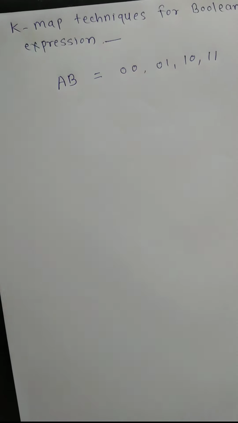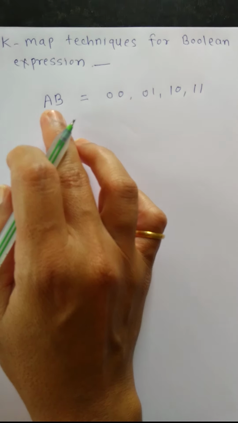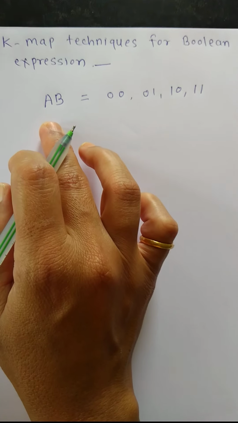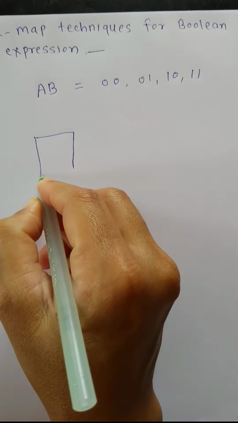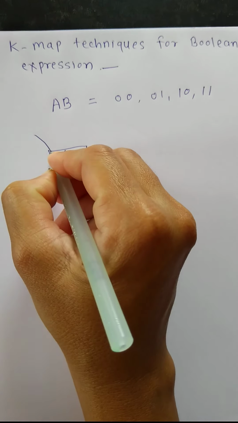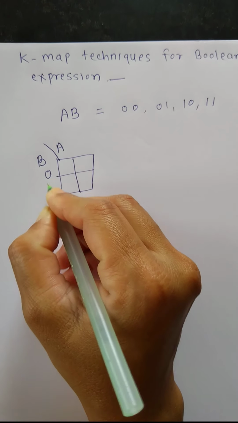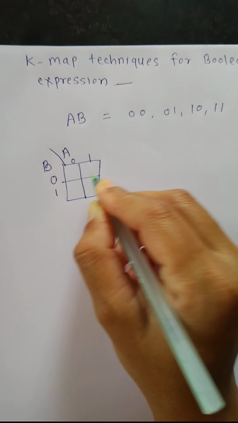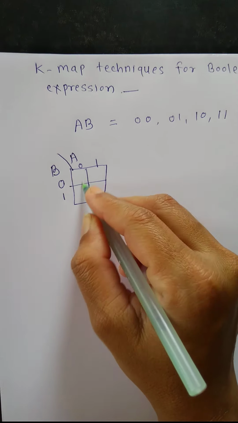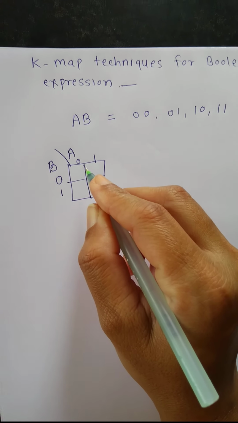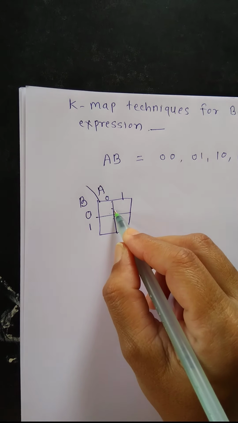So for 2 variables there are 4 rectangular boxes, represented with A and B and 0 1, 0 1. These boxes contain the information about the SOP or POS expression or the truth table, which we fill in the boxes.